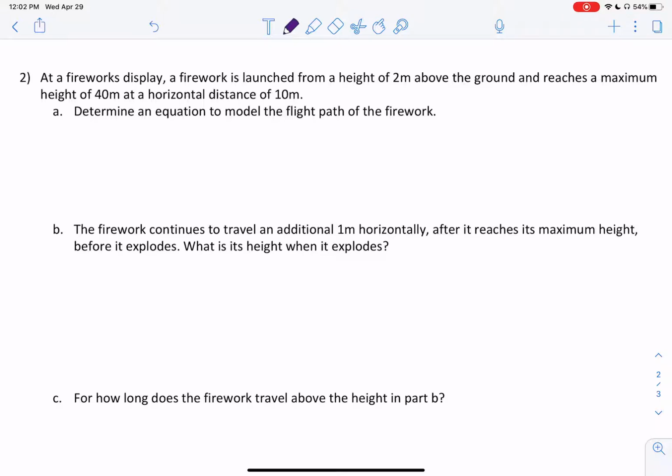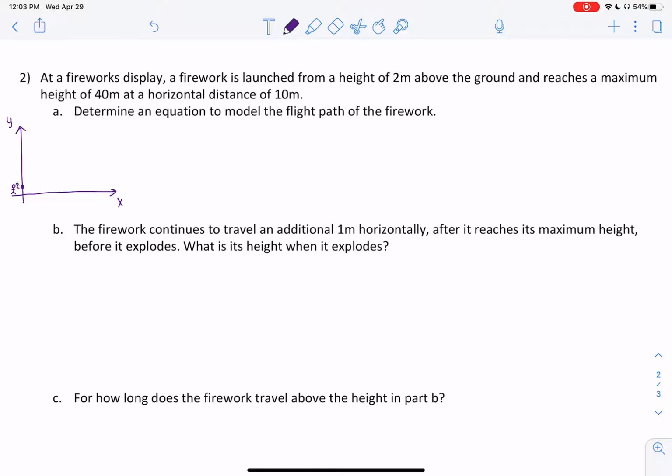I'm going to draw a quick little sketch just because I find that's the best way to understand what we're looking at. We have our horizontal distance down here, and our vertical distance up here. Our little guy shoots off a firework from here at 2 meters high.